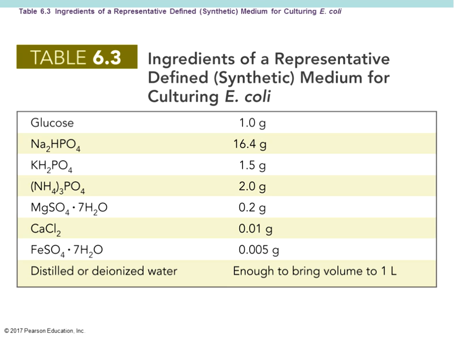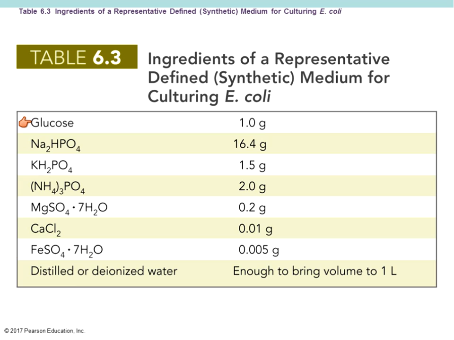So for what we're looking at here, this is a synthetic defined media. We call it defined media because we can quantify each one of the chemicals that are going into the media itself. So it's very specific on exactly what we're looking for. Everything has been chemically defined.